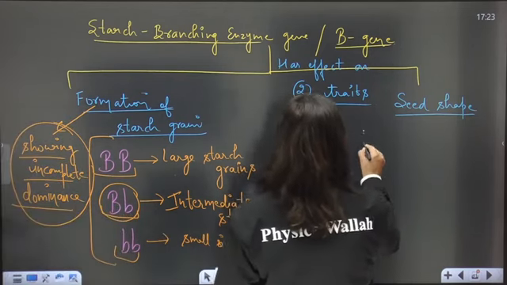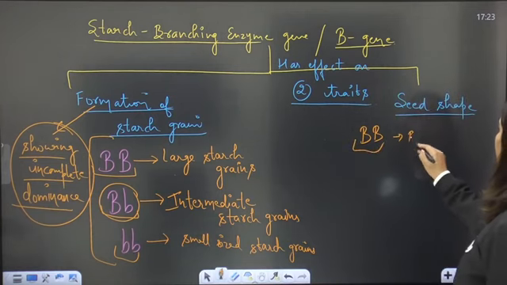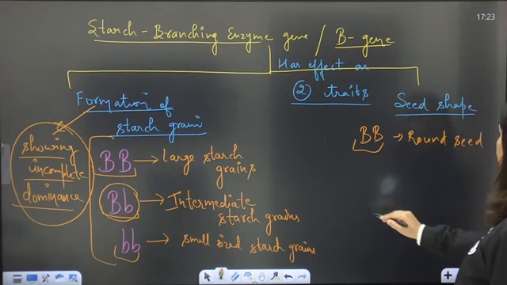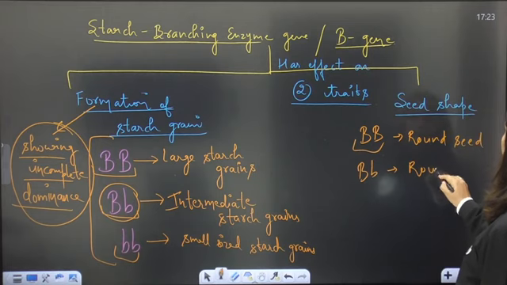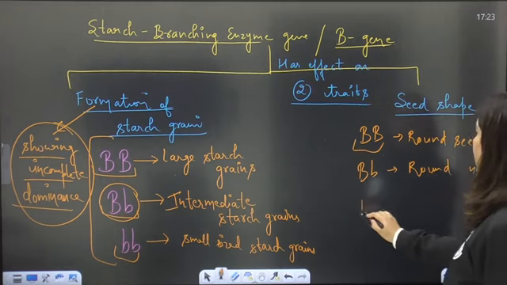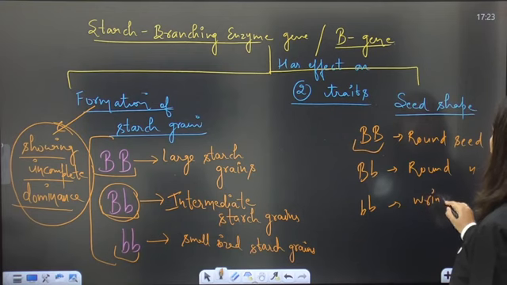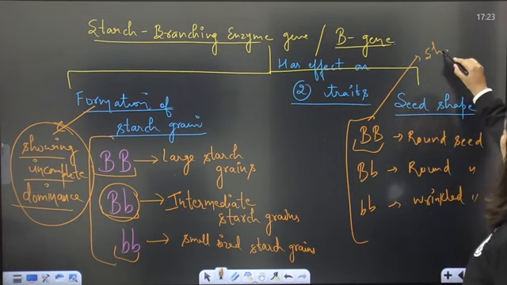Let's see here what is happening. If this gene is present in this form, then the shape of the seed is round. In this case also, the shape of the seed is round, and in this case it is wrinkled. That means in controlling the seed shape, this gene shows complete dominance.